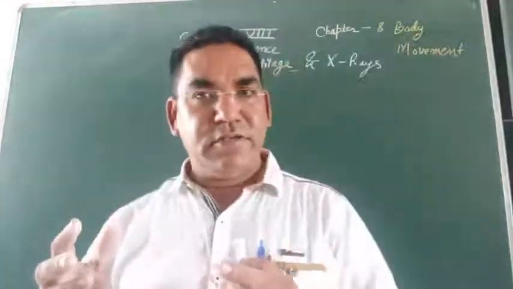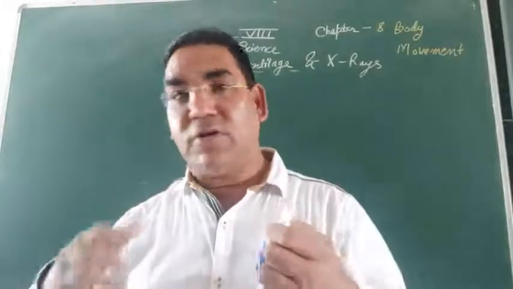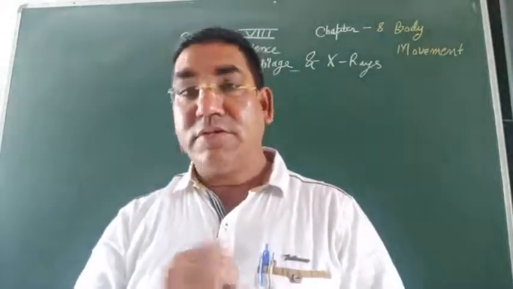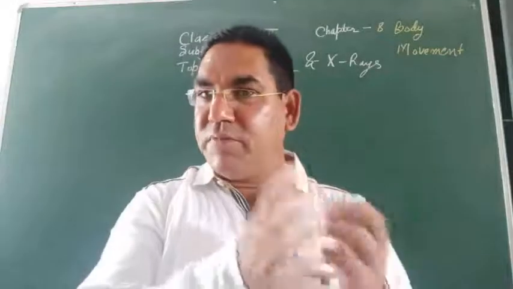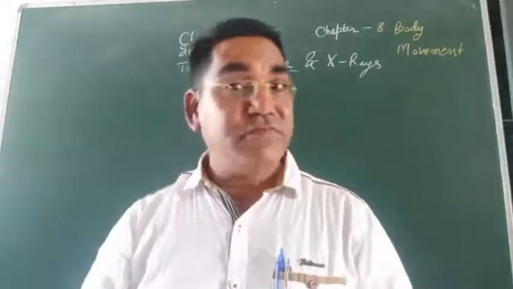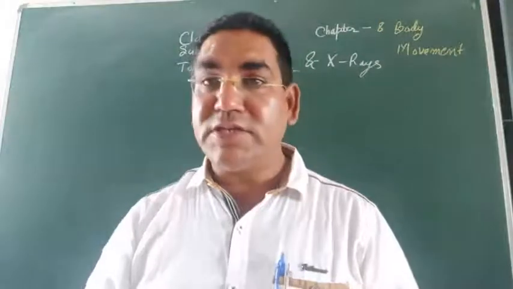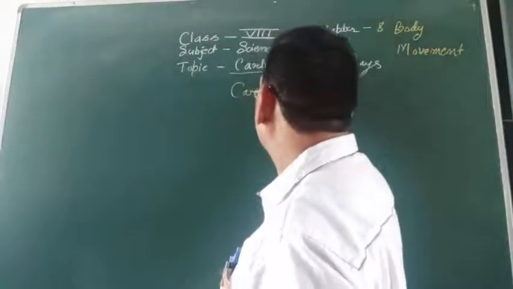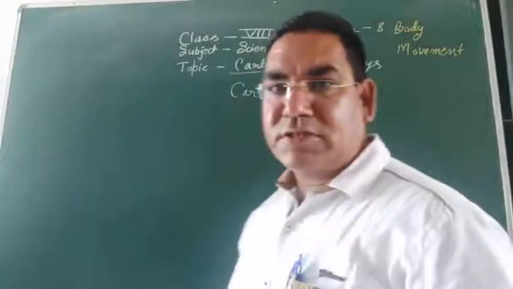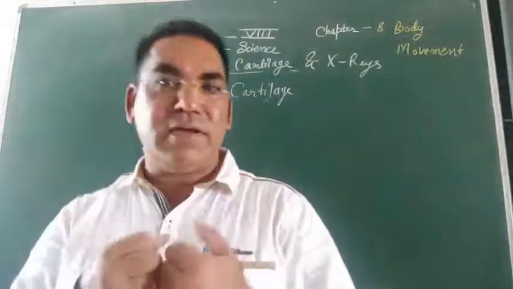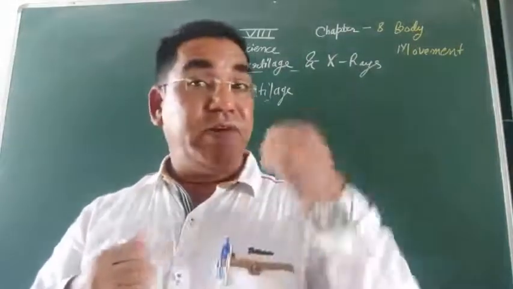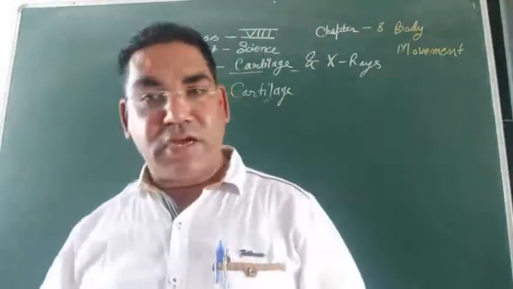In our body, the skeleton is not only made up of bones, but along with the bones there is another tissue that is known as cartilage. This cartilage is a slightly flexible, soft part. Why is it soft while bones are very hard?